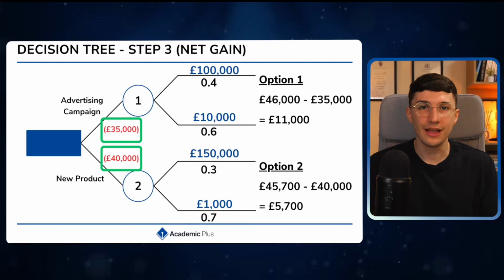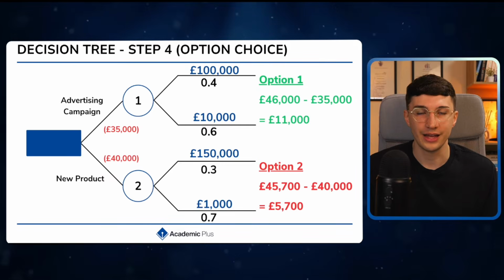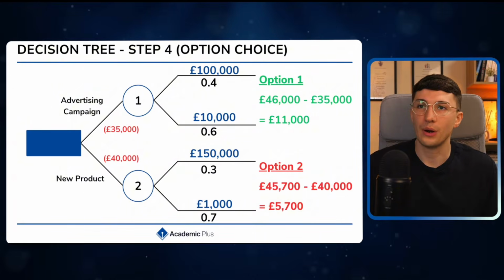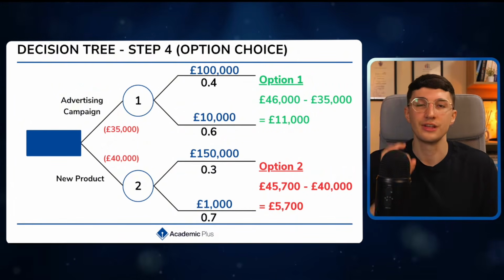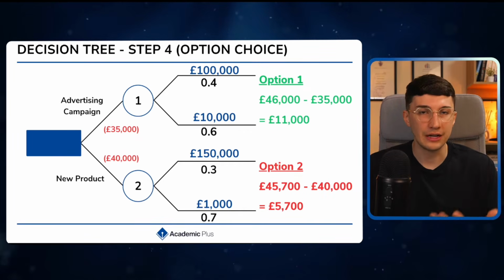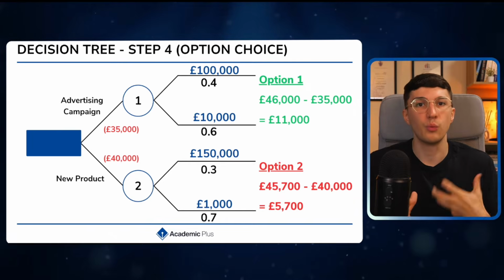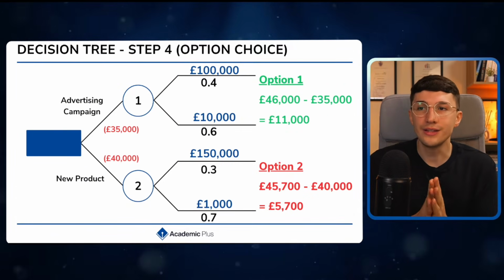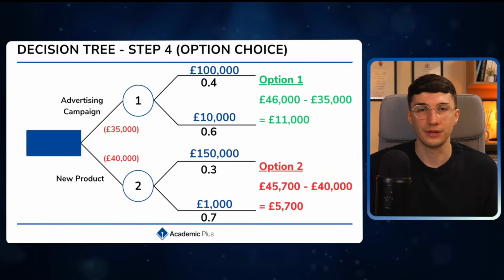Now, when making that ultimate decision, you realistically want to go for the option with the highest net gain. So for this example, you want to go for the advertisement campaign rather than the new product. However, there is some evaluation that we can make, because when looking at the payoff, if the project was to be successful, we can see that the new product has a lot higher return than the advertisement campaign.